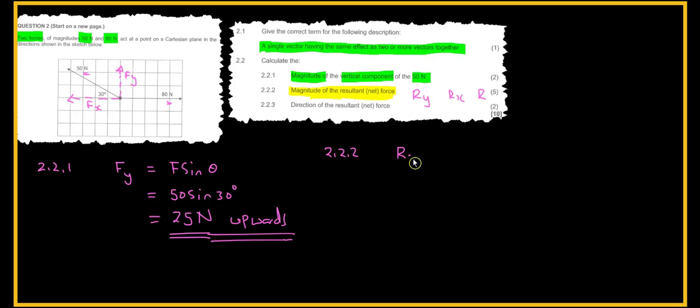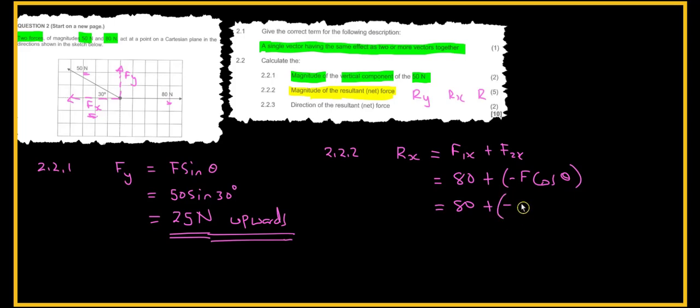I'll say my Rx would be equal to F1x plus F2x. I'll take F1 as 80, plus my F2x, the x component, this one here, which I'll have to calculate. So I must say minus F cos theta, which is equal to 80 plus negative 50 cos 30.